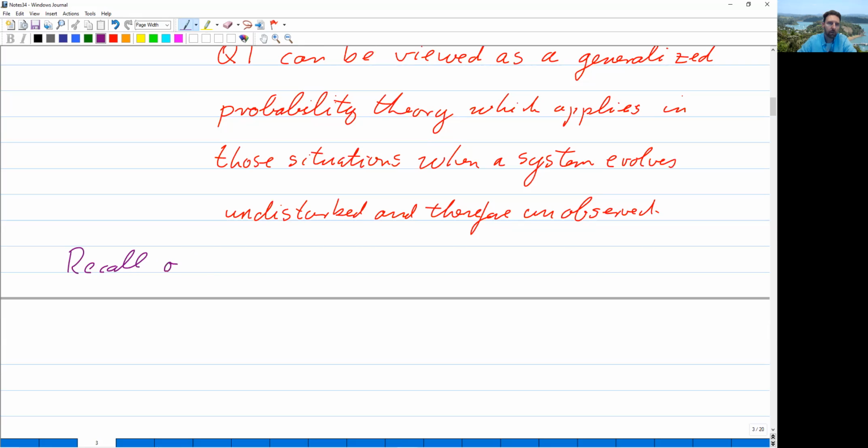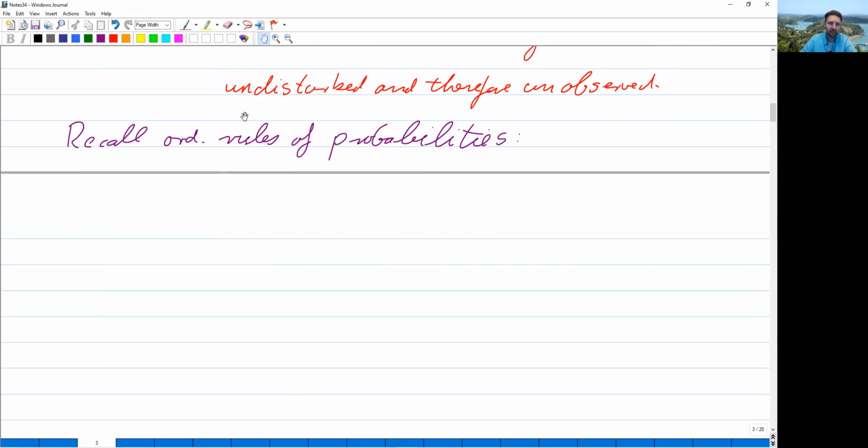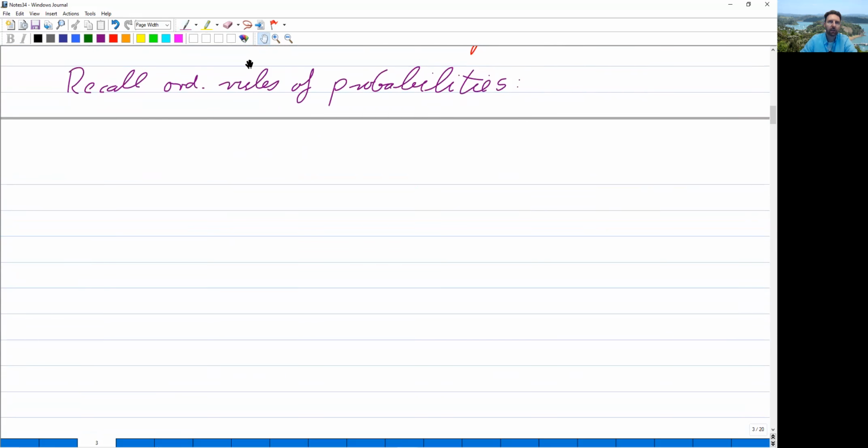Recall the ordinary rules of probabilities. There are two basic rules of probabilities that you've always known and always used, even if you haven't seen them axiomatized. The first rule of probabilities is the rule of alternatives.